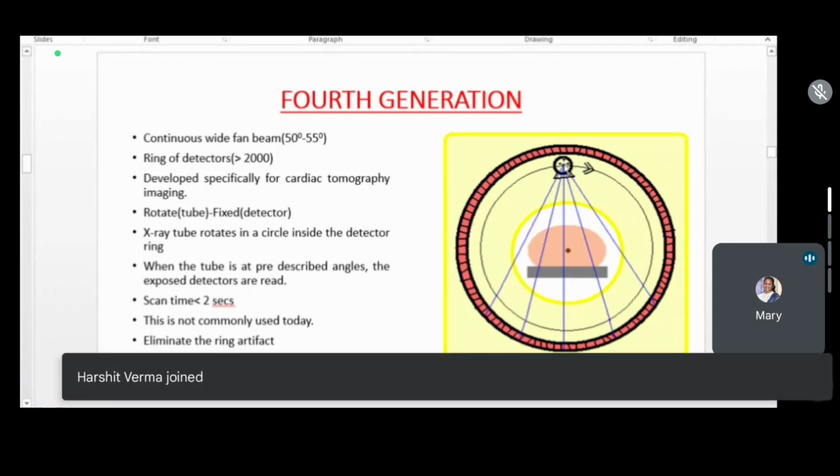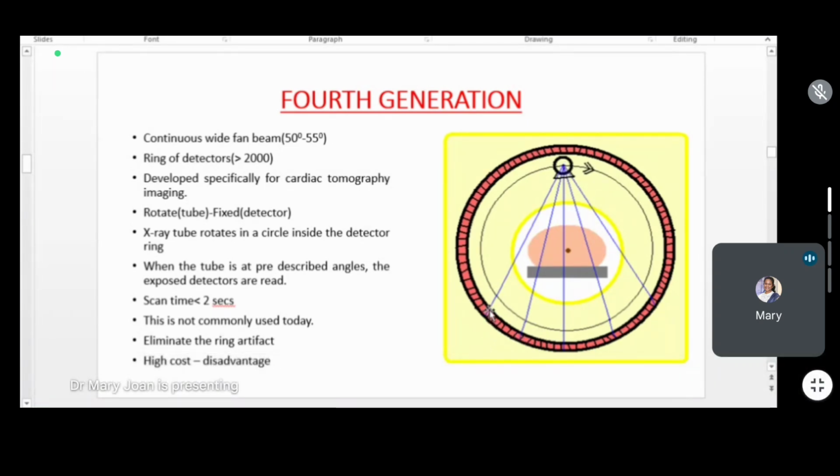So when it is at this angle, say 120 to 270, these detectors only will be read. And when it comes here, correspondingly, say from 120 to 300 or 310 will be read, like that.